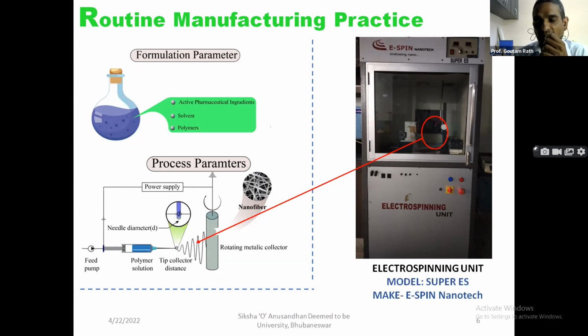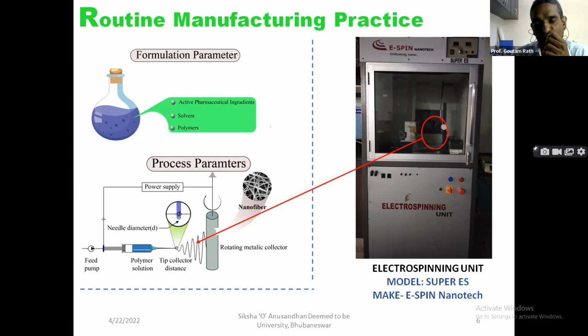And in electrospinning, we have features to apply a voltage of more than 50 kilovolt. Just imagine in high tension, the voltage is 15 kV to 20 kV.